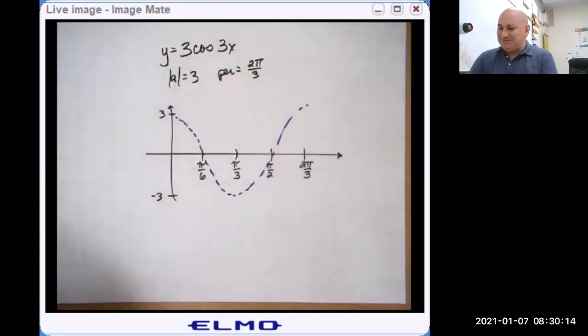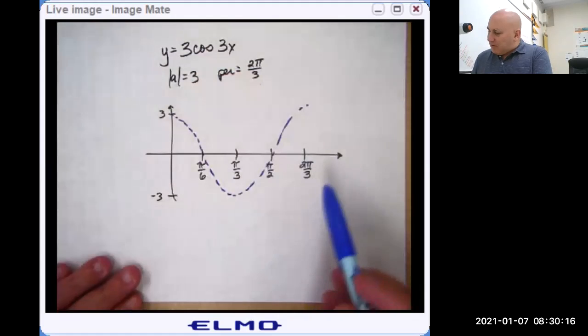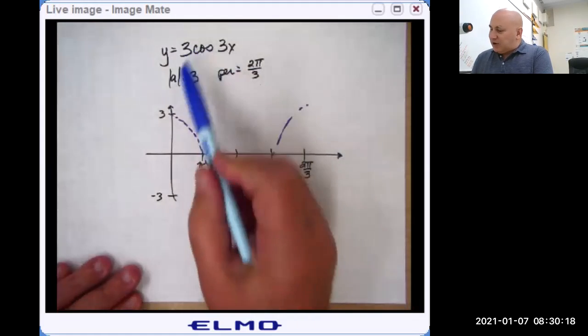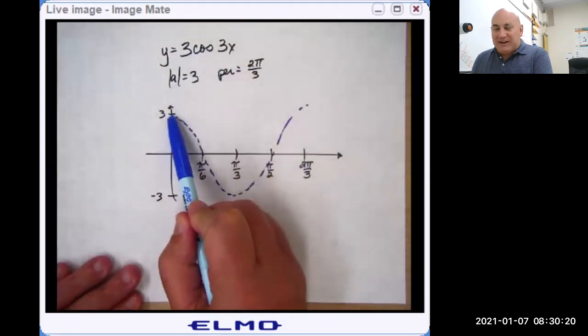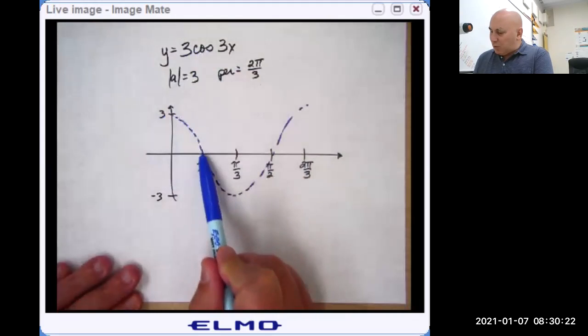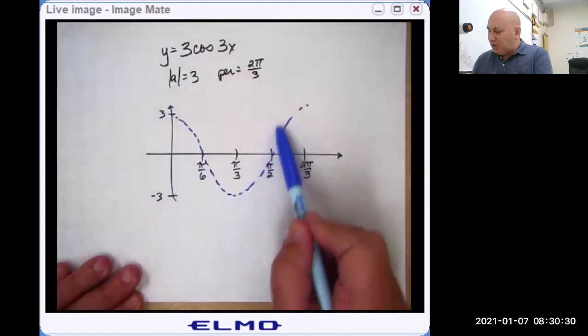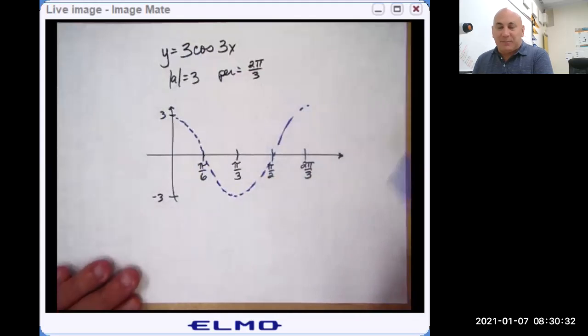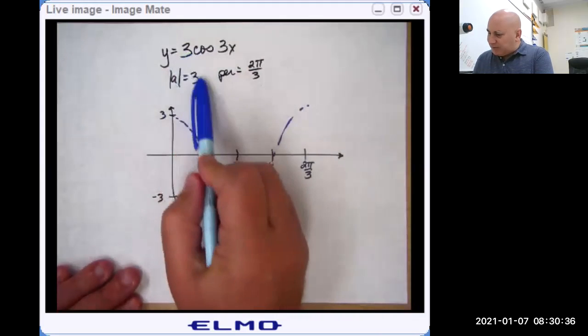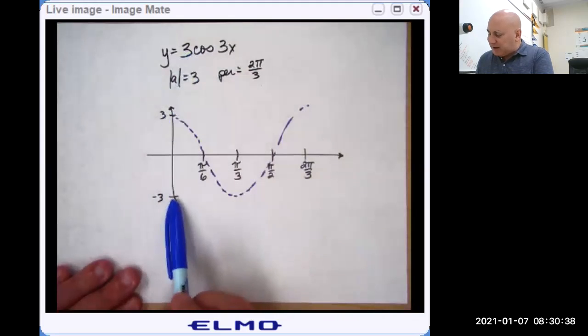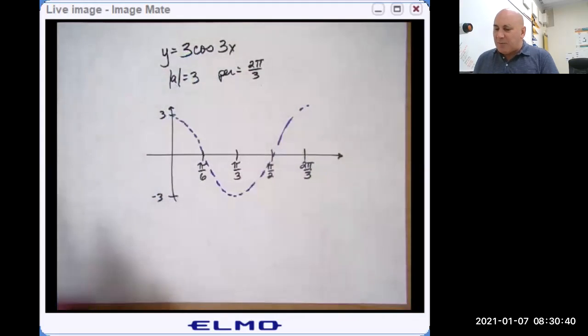Now it's a cosine curve. Cosine starts at that peak. So one quadrant or 1/4 of the interval, 2/4, 3/4, one complete interval or one complete period of the cosine. And then the amplitude is 3, so I go up to 3 and down to negative 3, and I mark those on the y-axis.